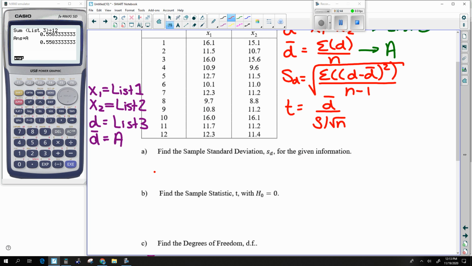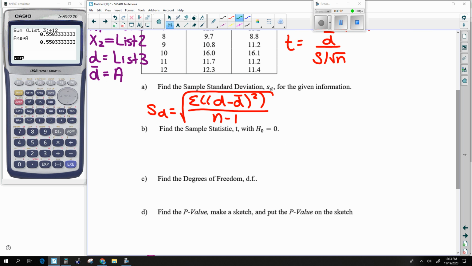Sample standard deviation. Let's begin with the formula. Again, what I'm going to do is get this top answer of the inside. So that's going to be the sum, open, of D, which is list 3, minus D bar, which is my average, close, squared, closed.